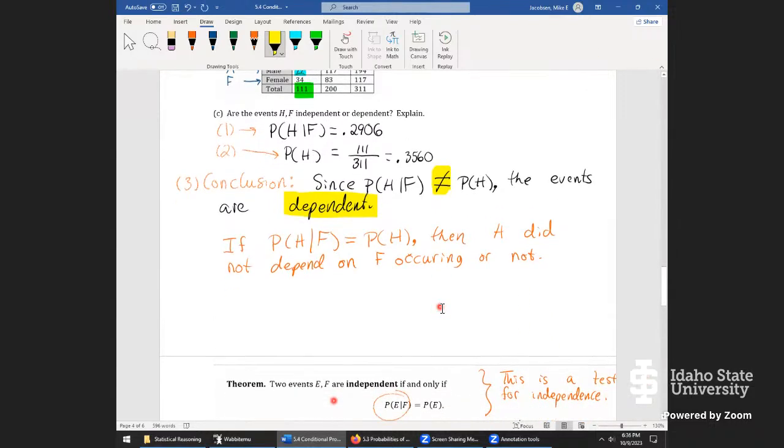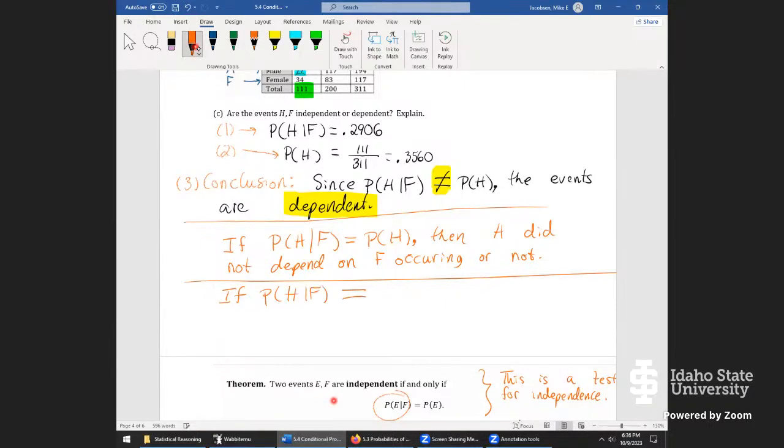Let's add additional notes right down here, just to say, if probability of H given F is not equal to the probability of H, now that's what's happening to us in our current problem, then H is influenced by F occurring or not.